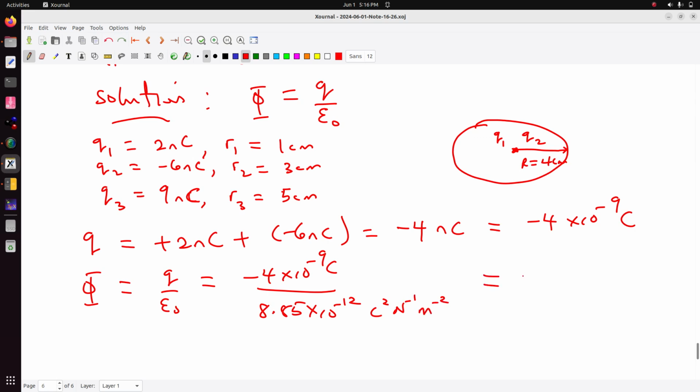This is approximately 451.98 Newton meter squared per coulomb.